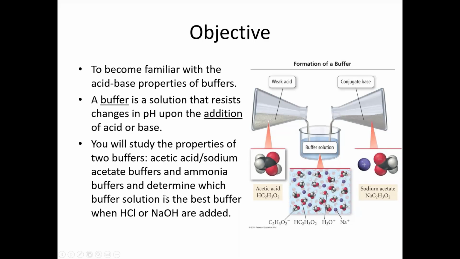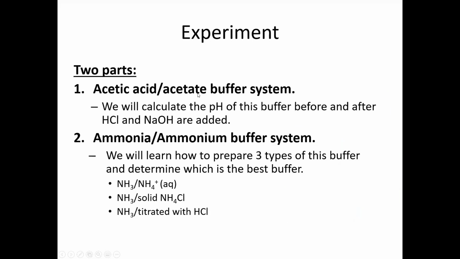And you will determine which buffer solution is the best when you add HCl or sodium hydroxide. The experiment will be two parts. First one is to work with acetic acid and the sodium acetate buffer system.